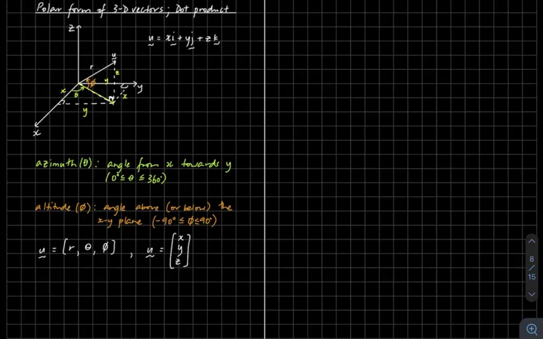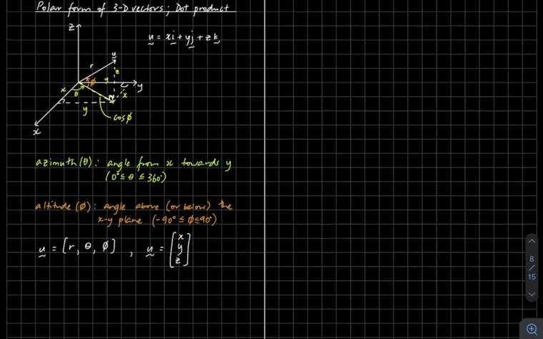So the length of that vector there, if I was to use cos of phi, then I would be saying cos phi in that triangle is equal to the length of that side, I'll call it d, over the hypotenuse.